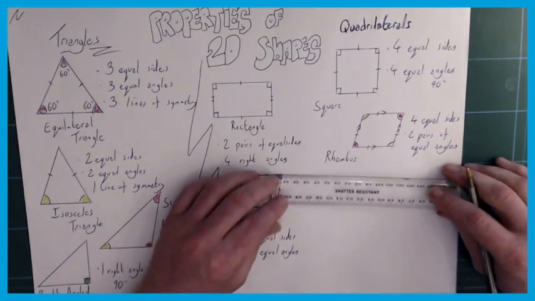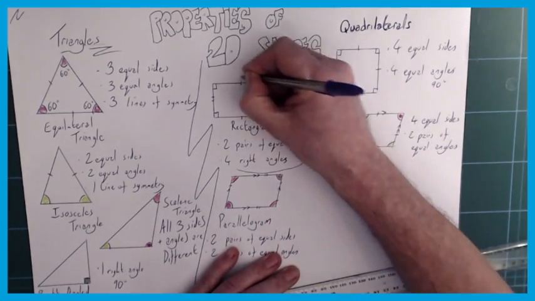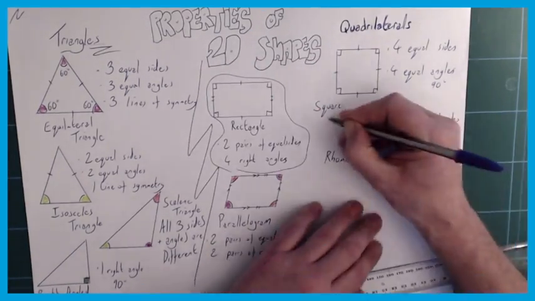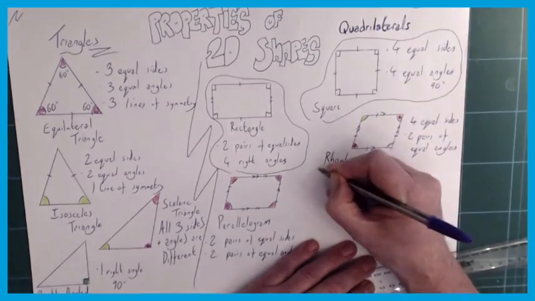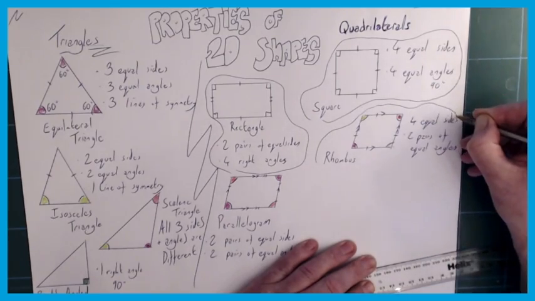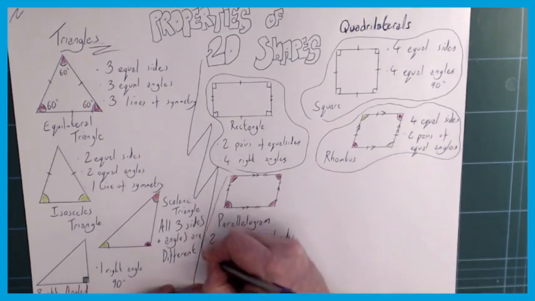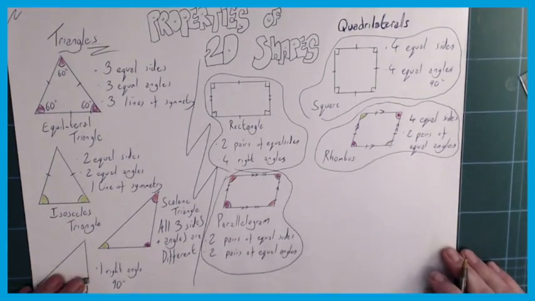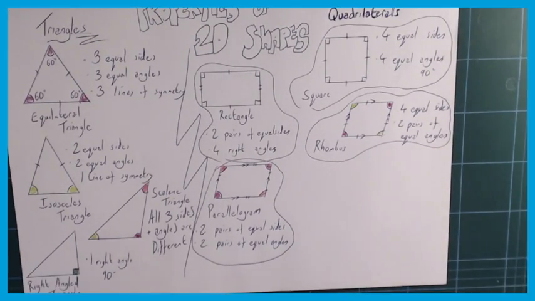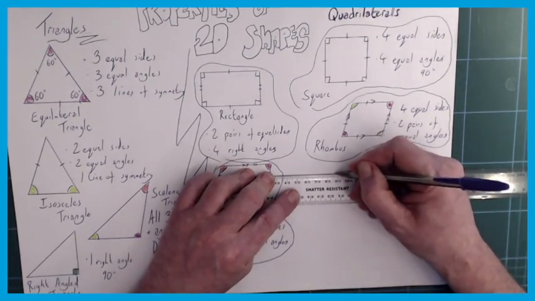So I'll fit a couple more in here. What I might do is I'll just separate them all off. And there we go, so we can see them a bit easier. Now we're going to have a look at this shape.